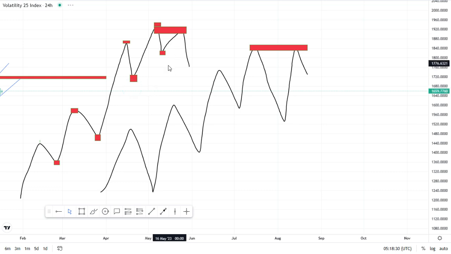For the price to change this trend, one of the signals is that the current high should not be able to break the previous high, and we should have a low that will break the previous low. But if you look at this current low, it is still higher than the previous low, so we are still having that bullish movement. We are still having that bullish power right here. There is no signal that the price is about to reverse at this zone.